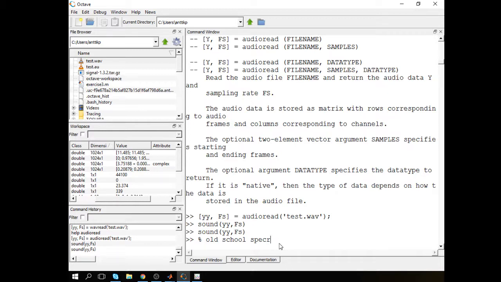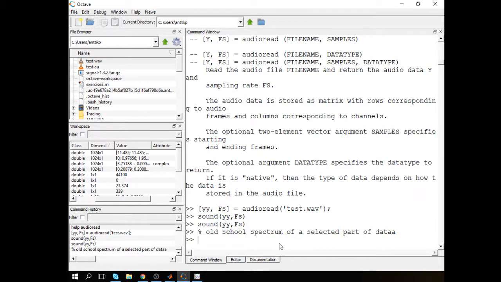Spectrum of a selected part of data. I'm lazy. I'm taking the first 1024 points. So I take the subsample x equals y from 1 to 1024.